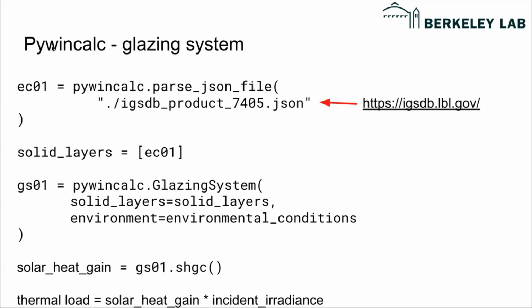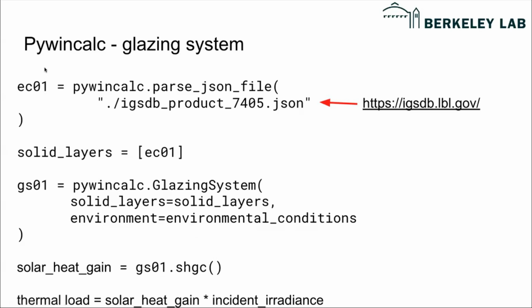So we will also need to build a glazing system in PyWinCalc. Same thing, you go to the IGSDB website, and then you download a JSON file that has all the solar data, and then it will generate a glazing system.